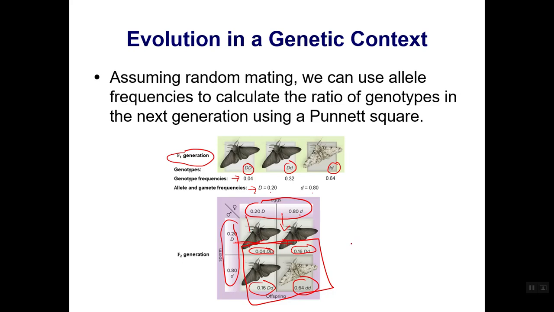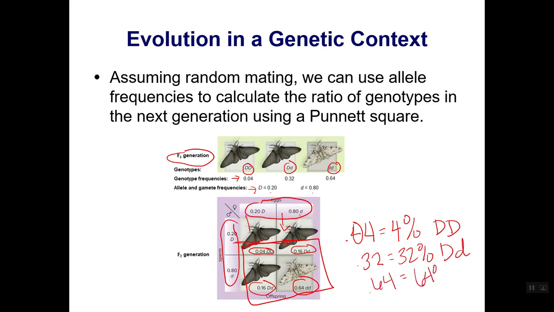All right, and so this is telling us there's 0.04, or remember that's equal to 4%, will be big D, big D. 0.32, because I added together 0.16 plus 0.16, which is 32%, will be heterozygotes. And then 0.64, which is 64%, will be little d, little d.